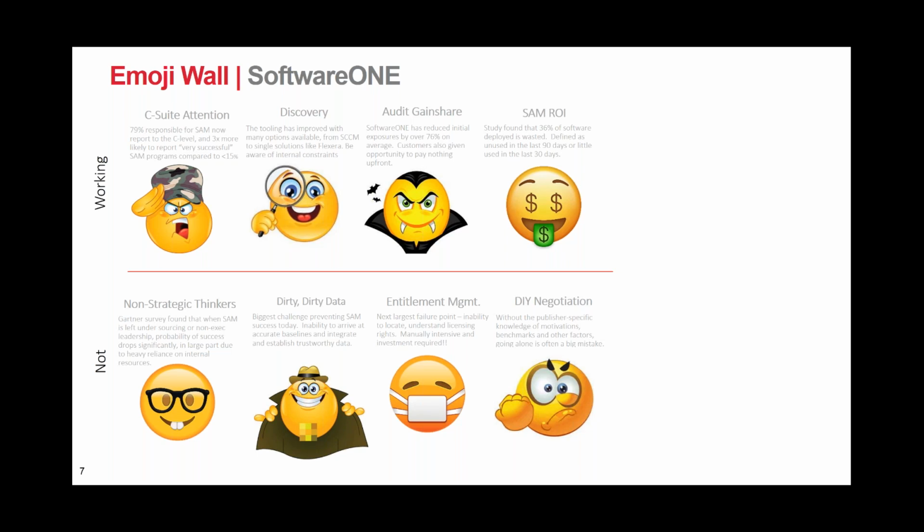The second one, which I really like, my emoji down at the bottom: discovery is working very, very well. Tools have been in the environment for a long time, and that part of the puzzle seems to have been relatively solved. But what is not working very well is that there's still a myriad of data that needs to be aggregated in order to do SAM correctly. You've got all this discovery information and Active Directory information, and then you have to cross-reference that with business data, whether cost centers or locations.